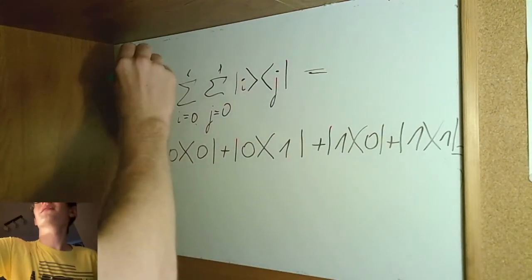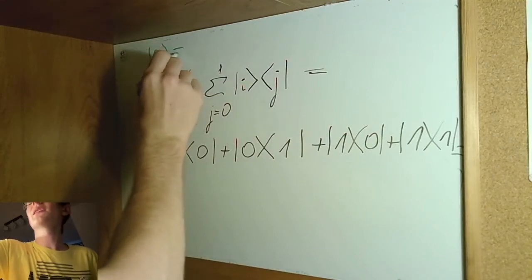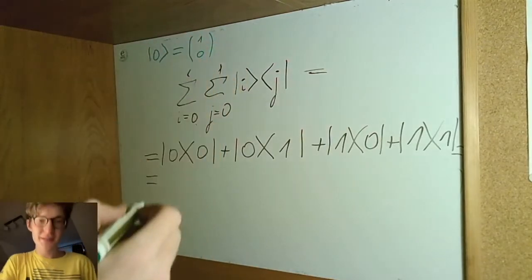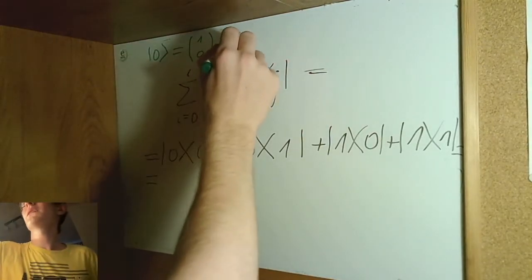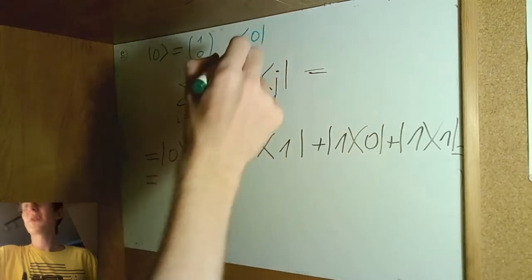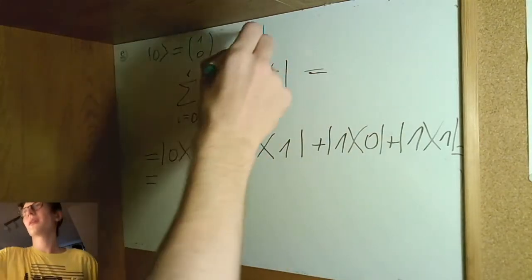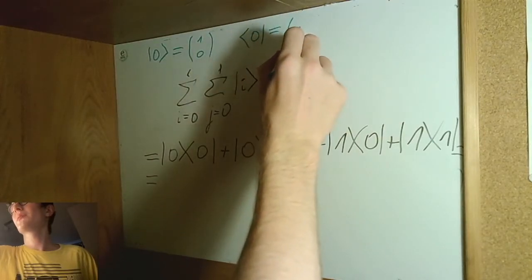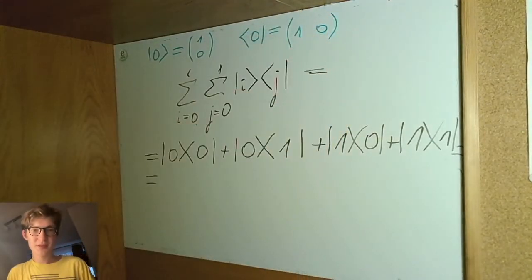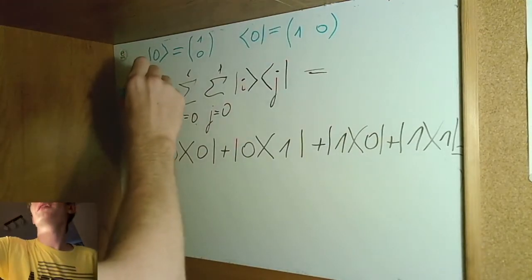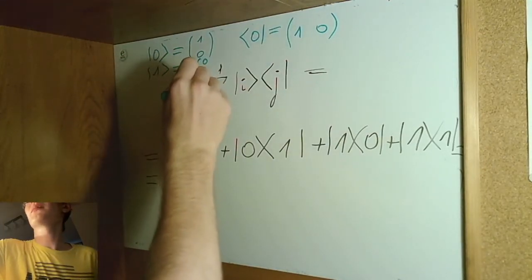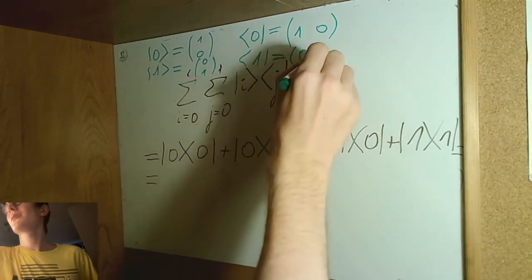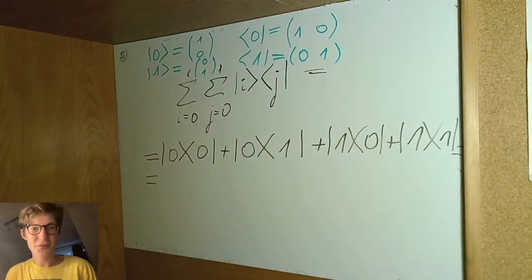Recall that this vector, in the computational basis, is 1, 0. And if we take the bra, so we conjugate it, it becomes a row vector. And similarly, 1 in the computational basis is 0, 1, and this one is 0, 1, but in row form.